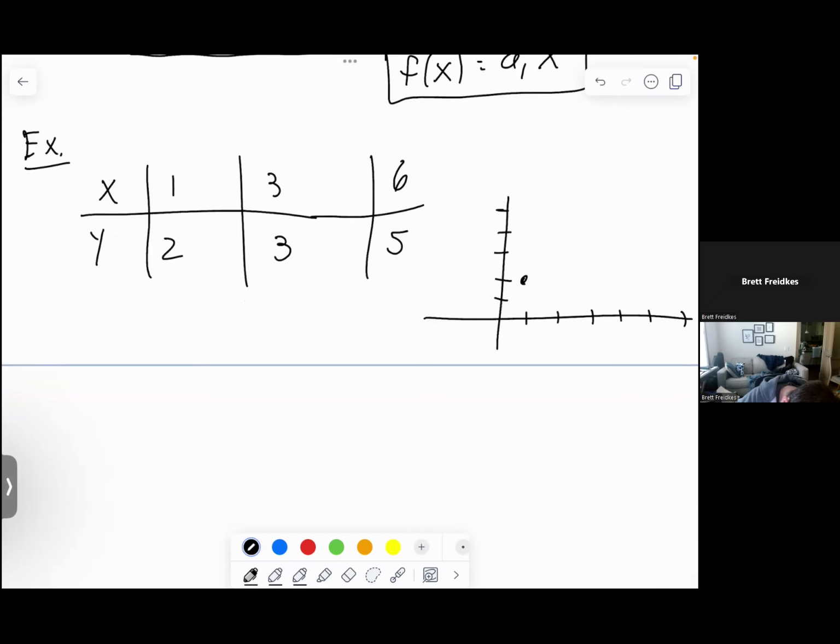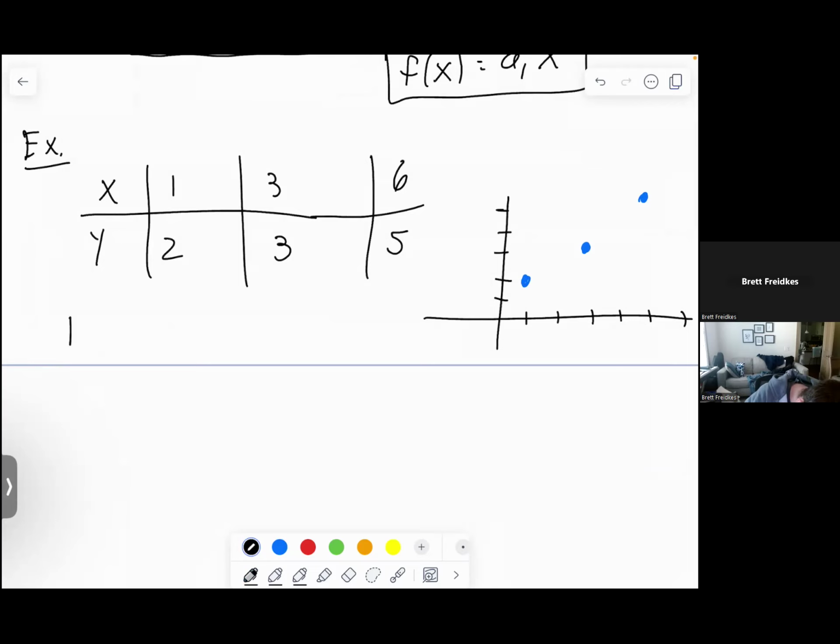We have 1, 2. Do a different color. 1, 2. 3, 3. 5, 6. So we kind of see that there's some linear thing here just based on these random numbers I made up, but it won't be perfectly linear because the slope changes between the points.